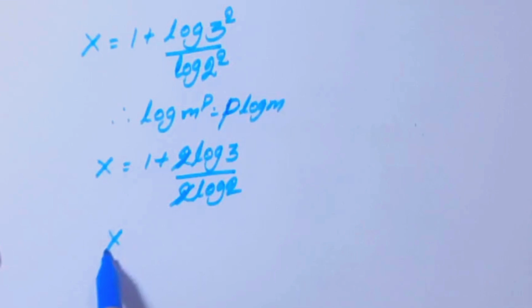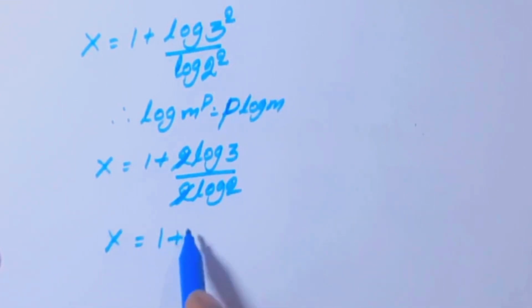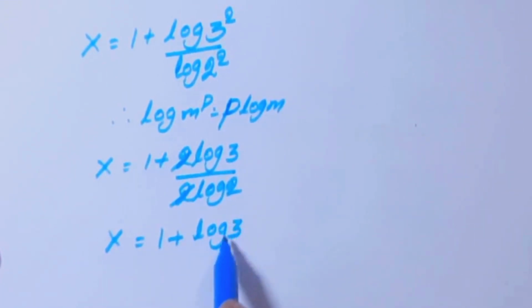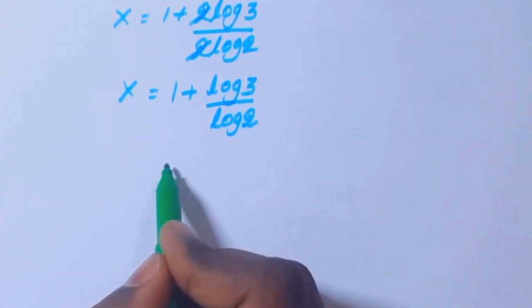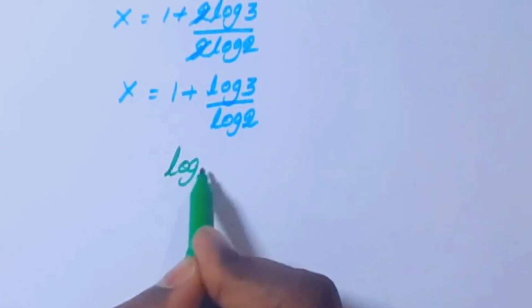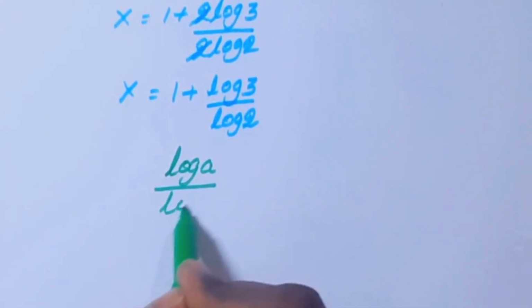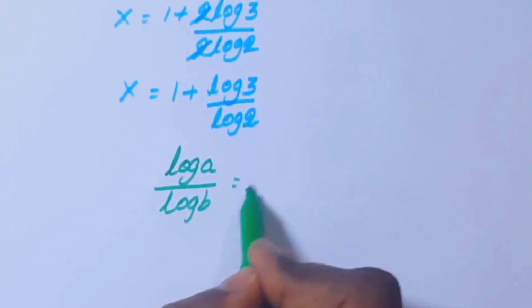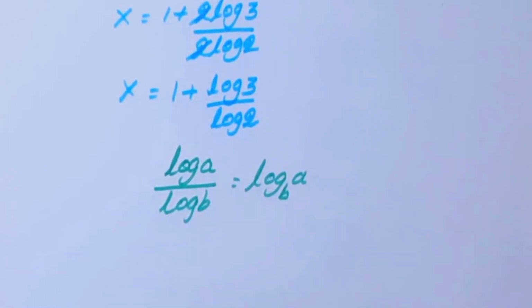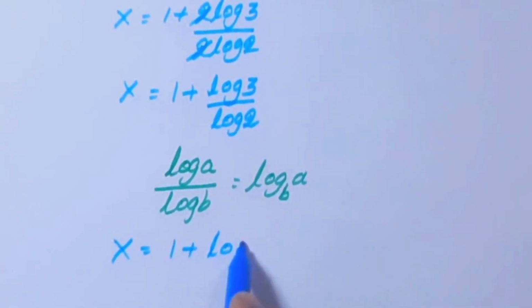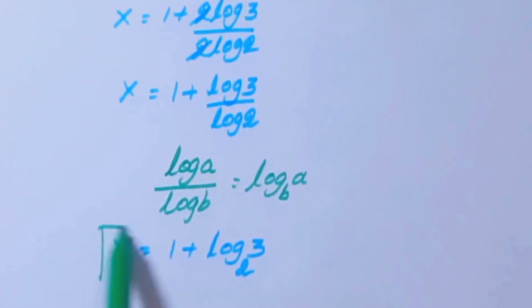So x equal to 1 plus log 3 by log 2. Now we are going to have this formula: log a by log b equal to log a base b. So x equal to 1 plus log 3 base 2. This is x.